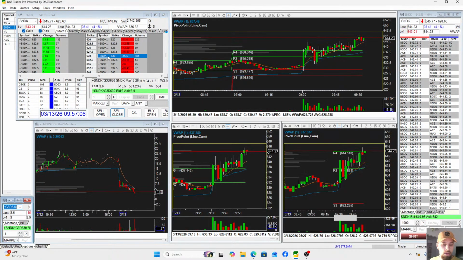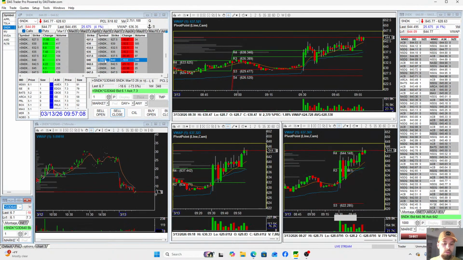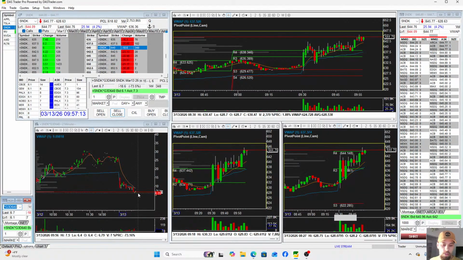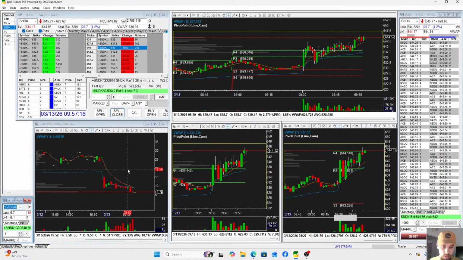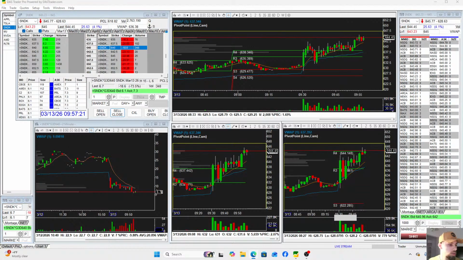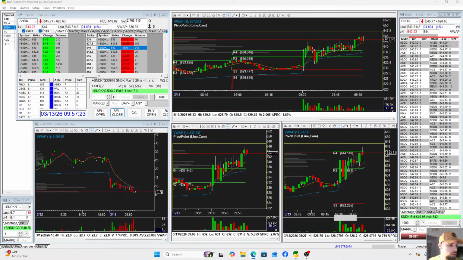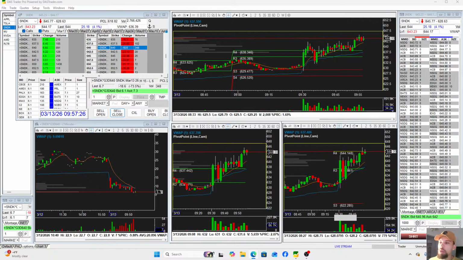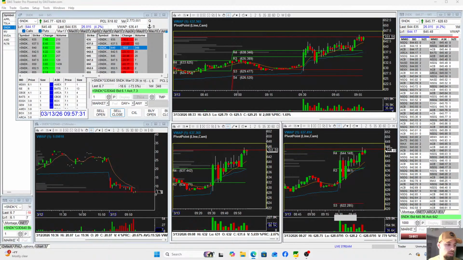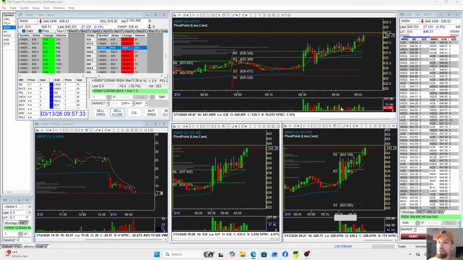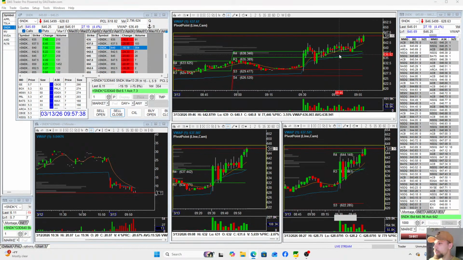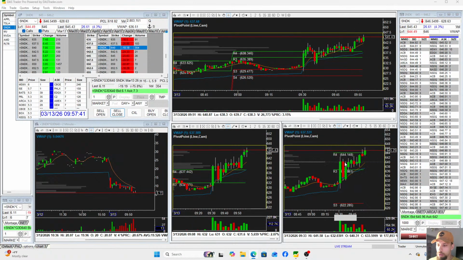Gotta be patient. Have to be patient. SanDisk is getting relatively close here. 650 is the next decent liquidity order. It's not a lot of shares, 8,000 shares looking to get filled. But SanDisk pushing up here, testing the box.